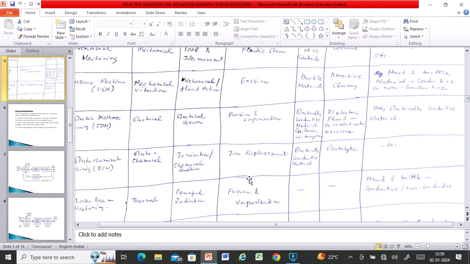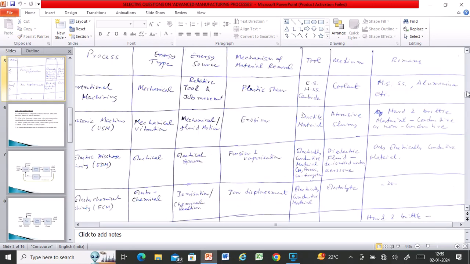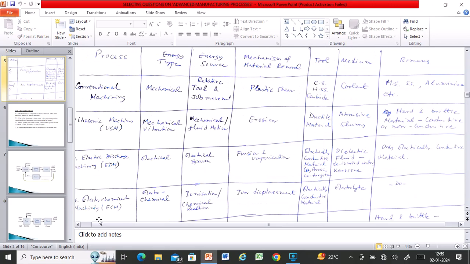There is a consolidated chart which has been given in your class also, where all the processes and their attributes are compared. Let us start with conventional machining.